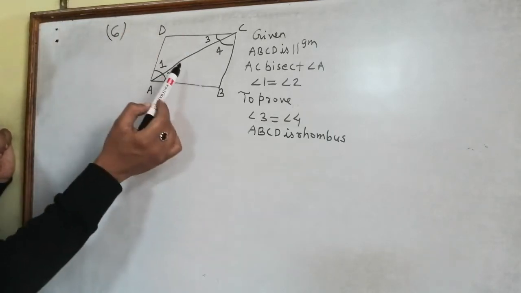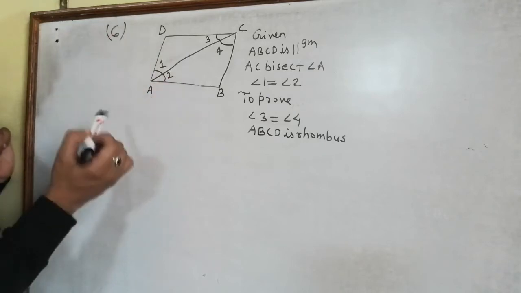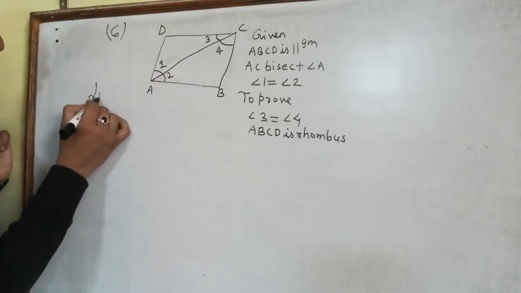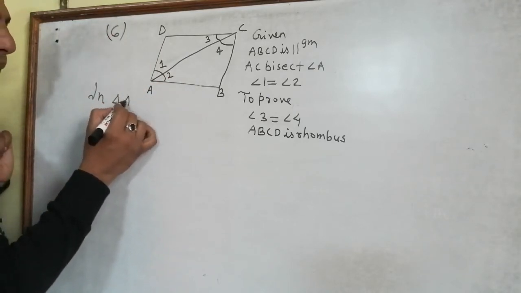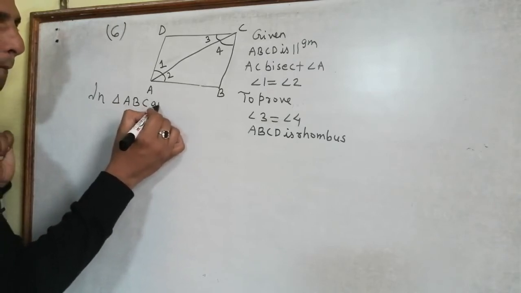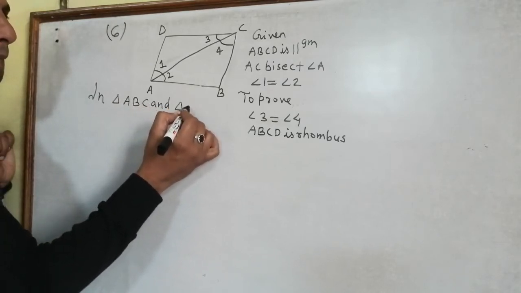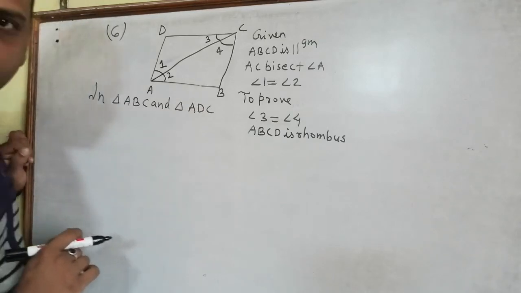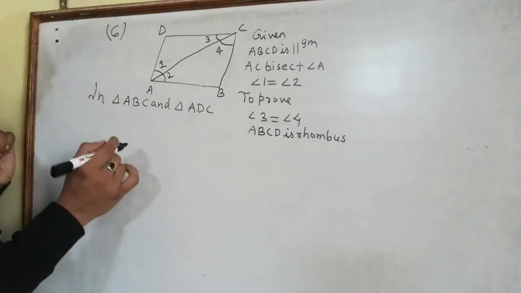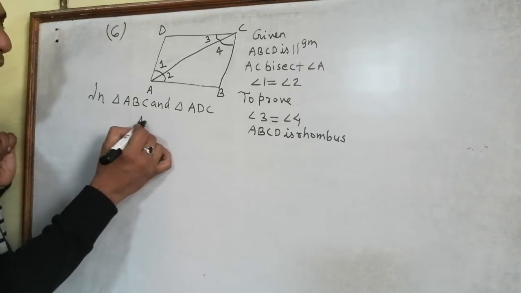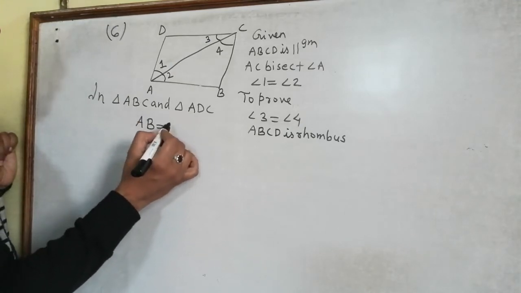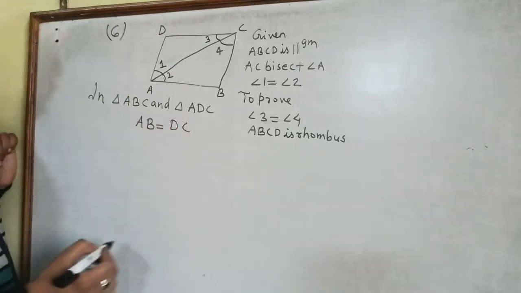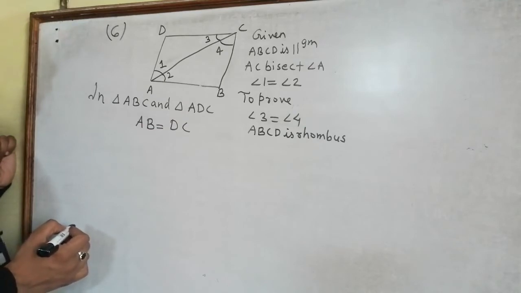So I am going to take these two triangles ABC and ADC. Now here AB is equal to DC, because the property: opposite sides of a parallelogram are equal.